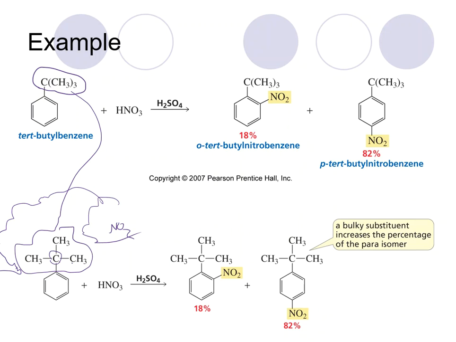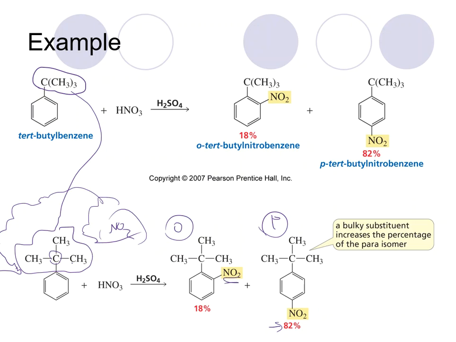It cannot get into the ortho spots because the tert-butyl group is so bulky that it really fights against that incoming group at those locations. So nitro just gets fed up and it says, fine, I'll just go where I can go and I'm going to do it the easy way. And then 82% is going to be the para form and 18% will be the ortho form.